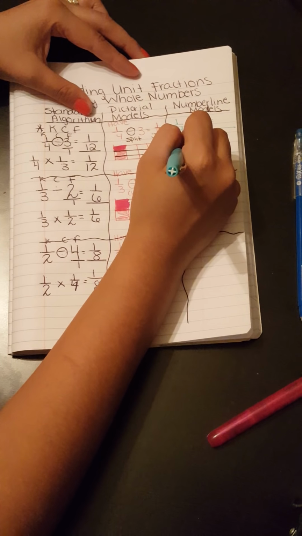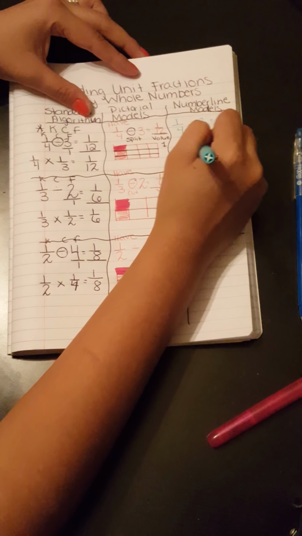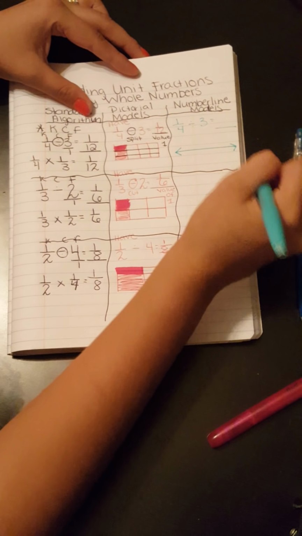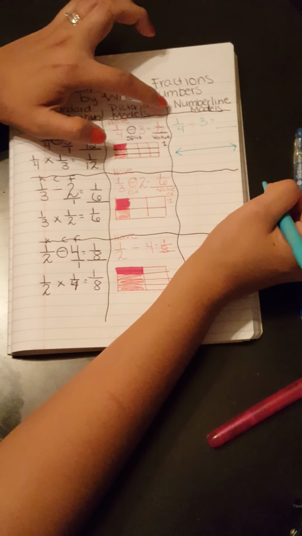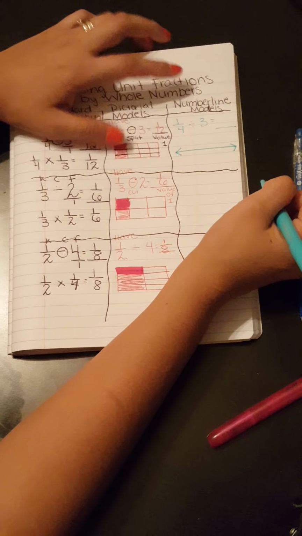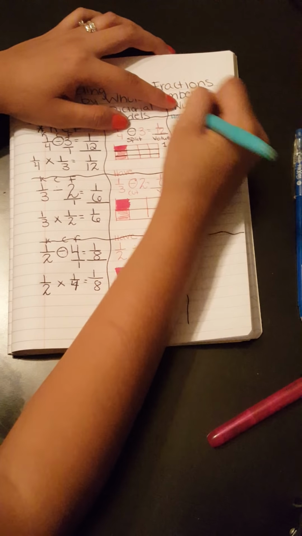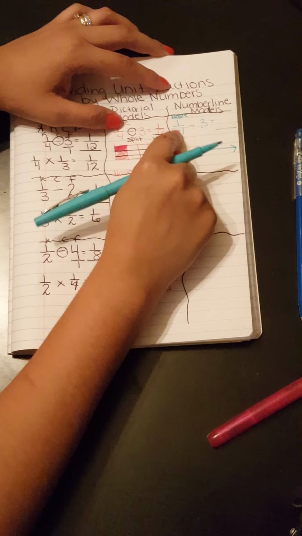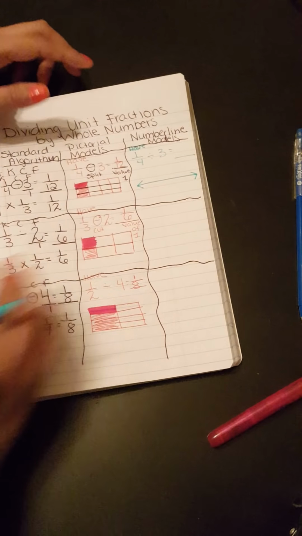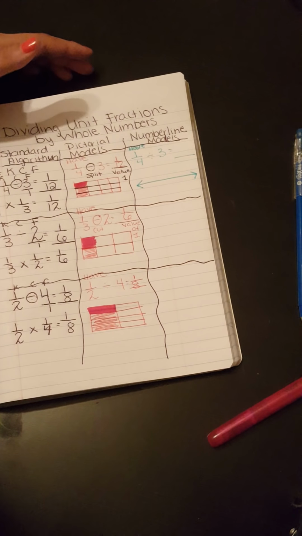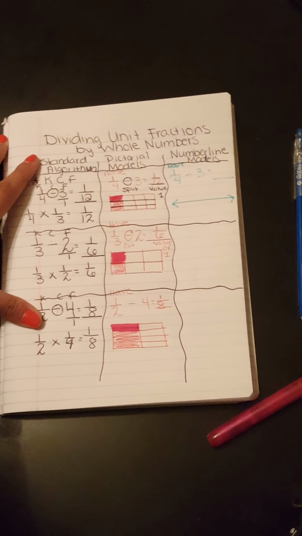The first thing I'm going to do here is draw my number line. And I am going to consider what I have. And I only have 1/4. Let me make sure that you can really see what I'm doing. Yes.